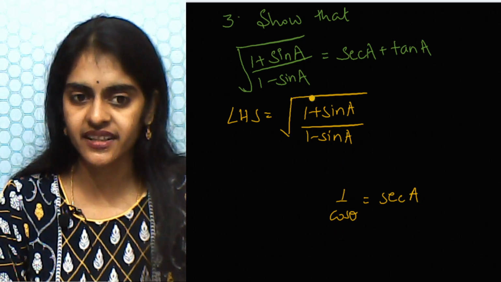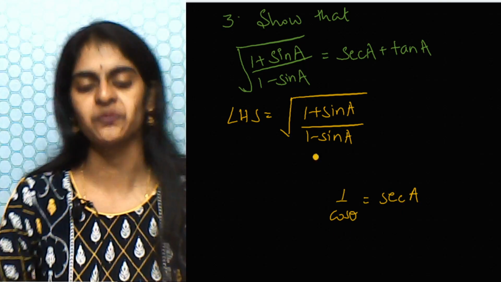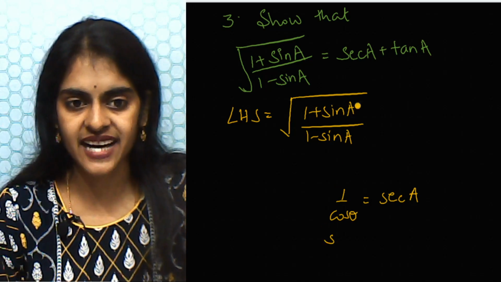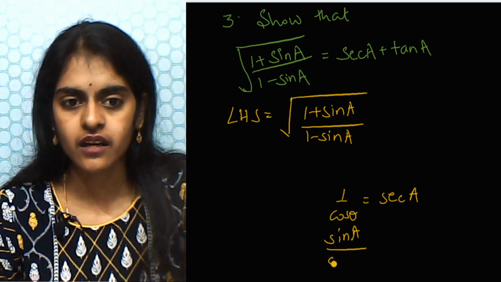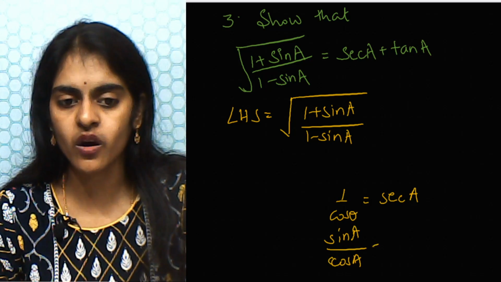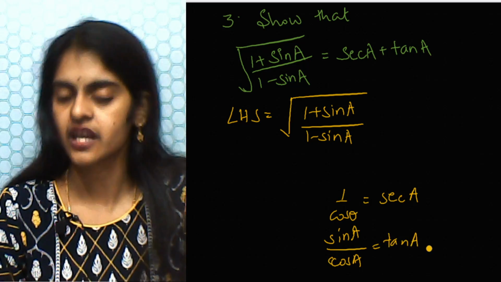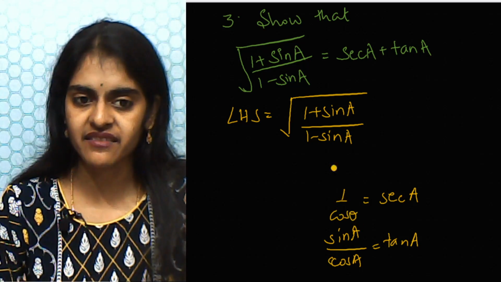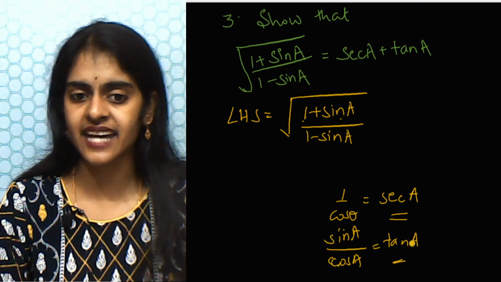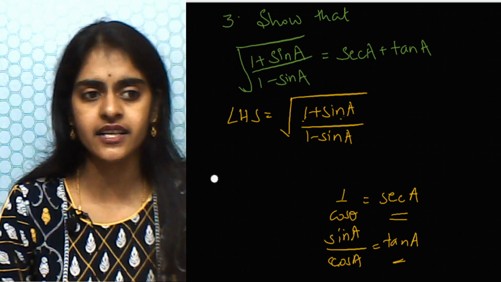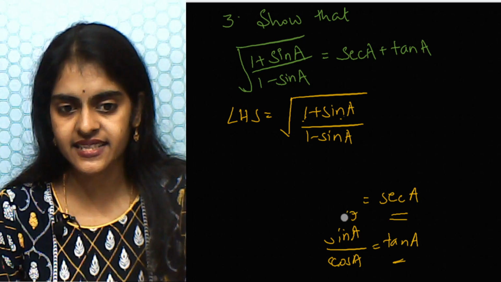So if I divide this 1 by cos theta, I'll get secant theta. The second point is you have sin a here, isn't it? So sin a divided by cos a will give me tan a. That means if I divide these two things by cos, I will get secant and tan, which is there in my RHS, isn't it? So let me divide it and see.